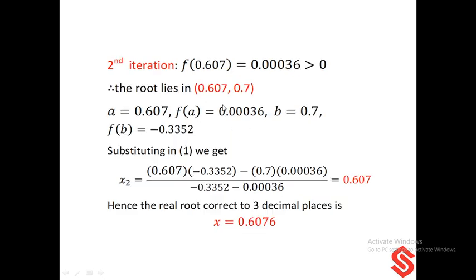So the root lies between 0.607 comma 0.7. Now by taking a is equal to 0.607, b is equal to 0.7, and we have the values of f of a and f of b. Substituting in the formula 1, we get x2 is equal to 0.607.